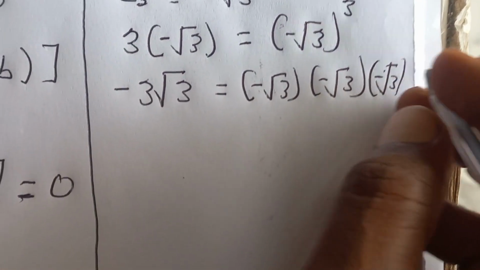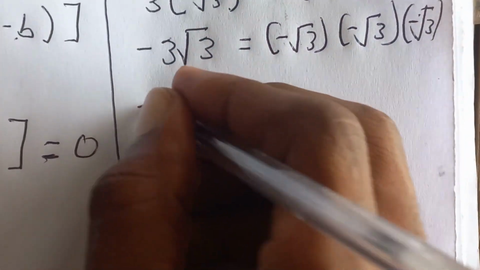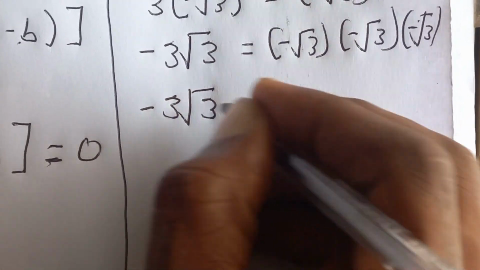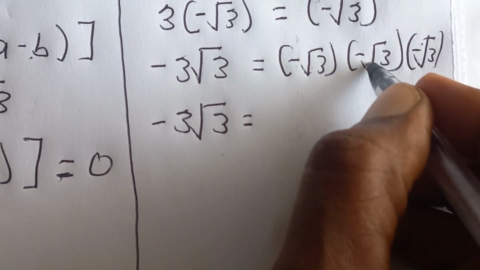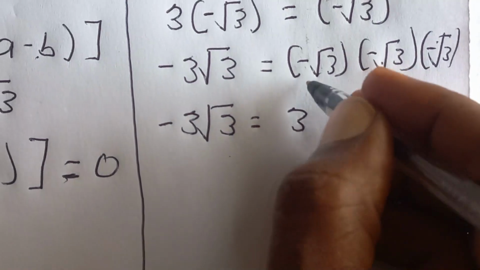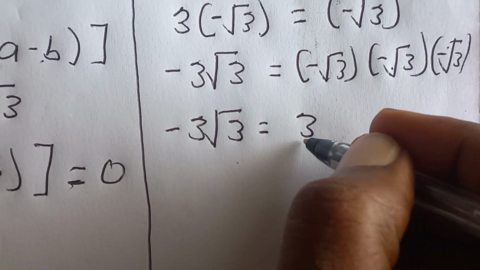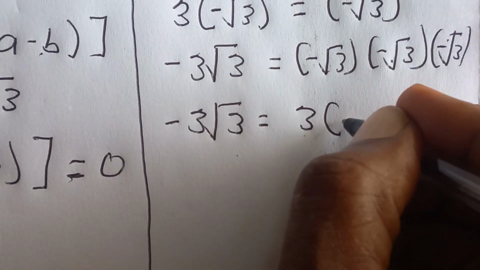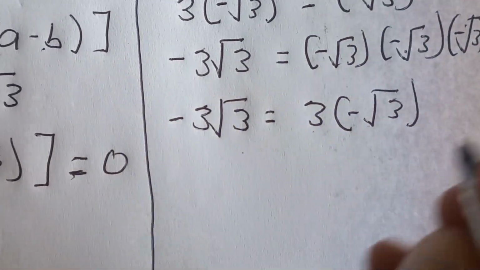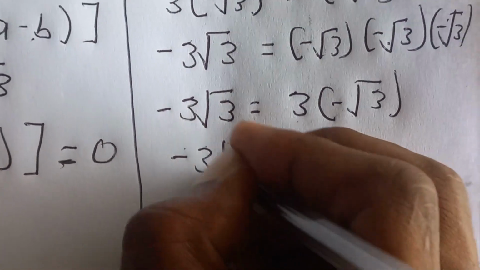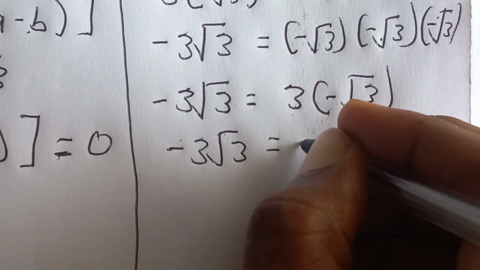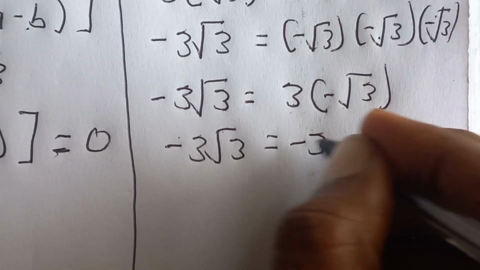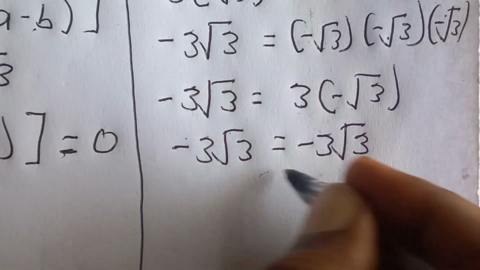When we simplify this, negative √3 times negative √3 gives us 3, multiplied by -√3. So we have -3√3 = 3 times -√3, which is -3√3. So this also holds for c2.